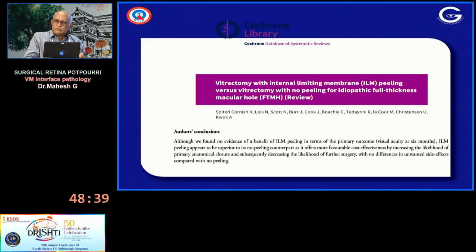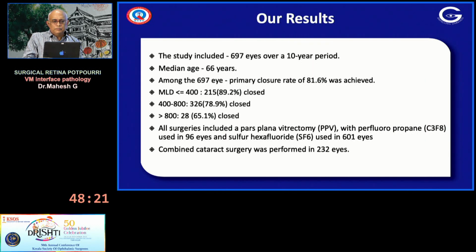Then there were studies on whether ILM peeling is needed or not, but the Cochrane meta-analysis showed that ILM peeling does help in closure and better outcome. So now these are not controversies, these are standard procedures.